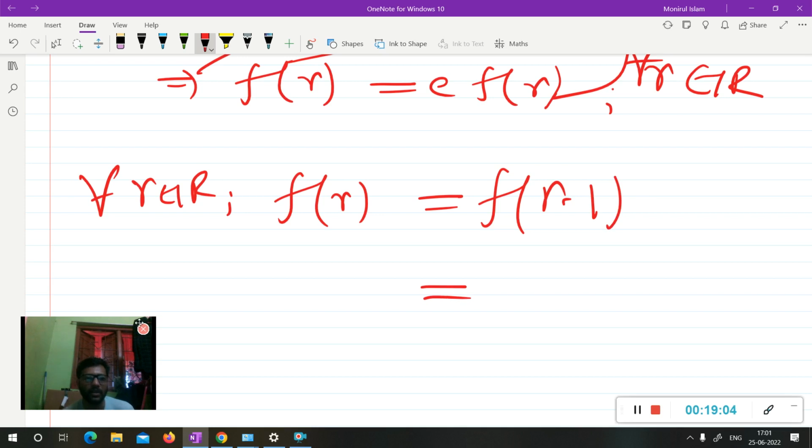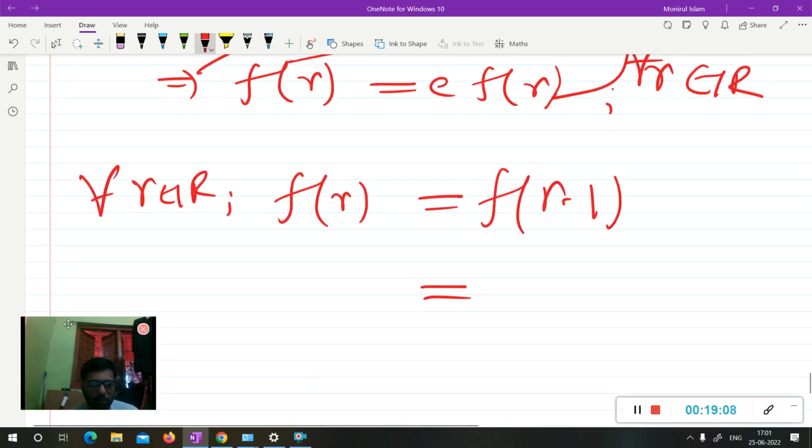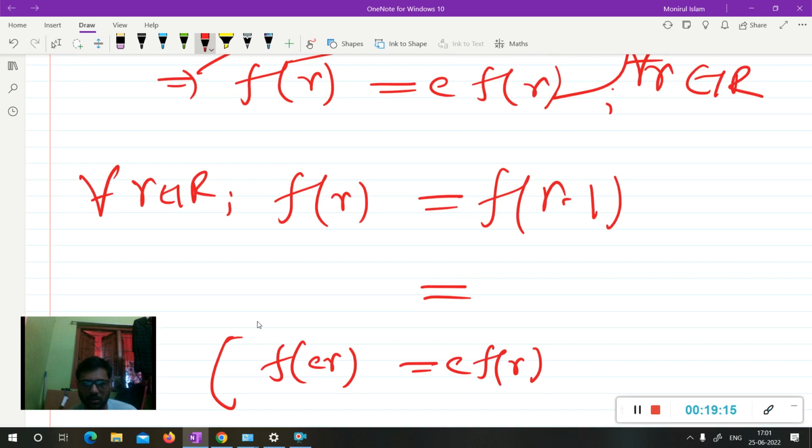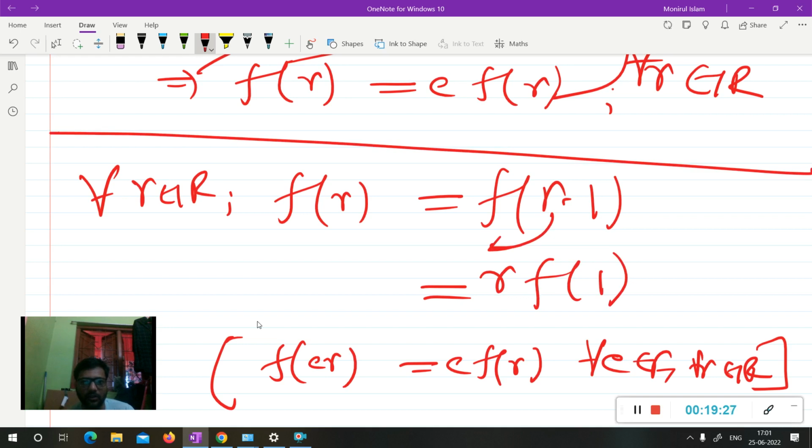Now if you apply the second property of linear transformation, this will be f of C into r equals C into f of r, for all C belongs to the scalar field F and for all r belongs to R. This is true. Then you can take r outside, so you can write r into f of 1.